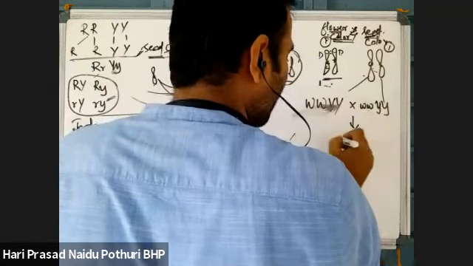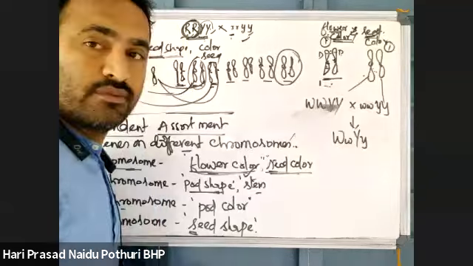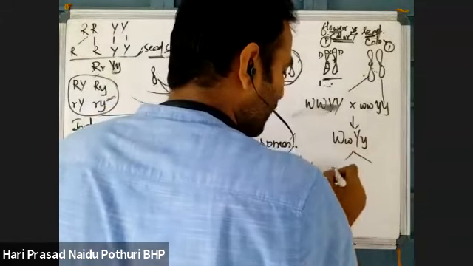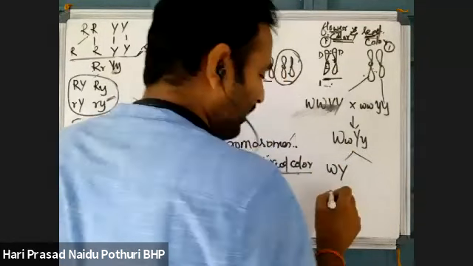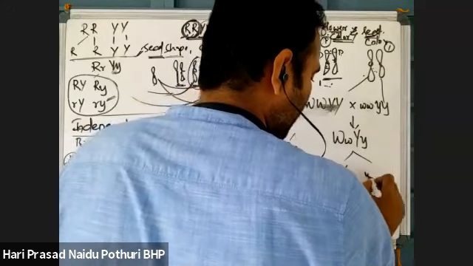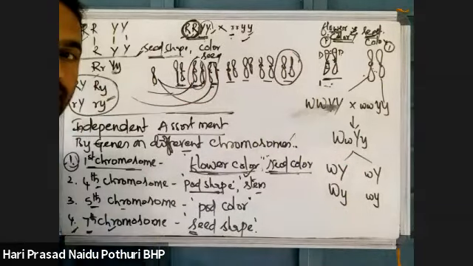Okay, no problem. In F1, Y is positive. Yes or no? But next what happens? There may be formation of capital W capital Y, capital W small y, small w capital Y, small w small y.